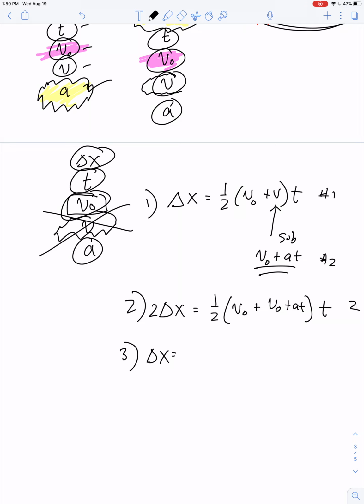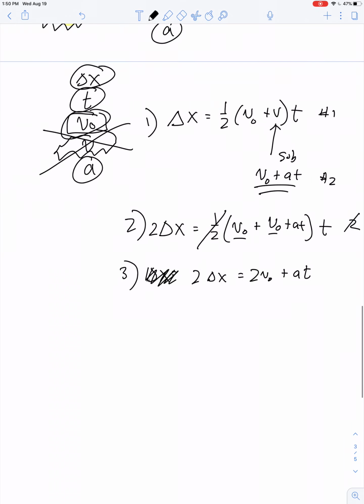So 2 times the distance traveled is equal to, let's see, v naught plus v naught would give me 2v naught, and then we have plus at. And then all of that is multiplied by t.